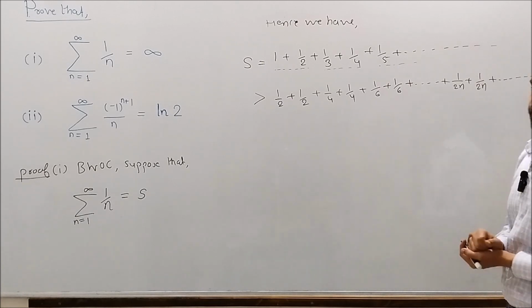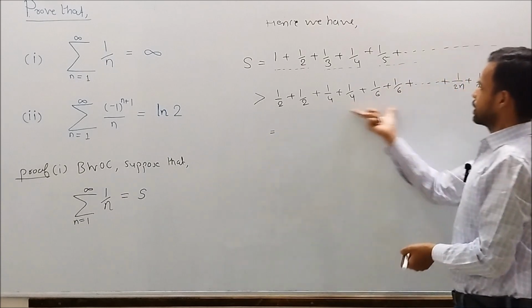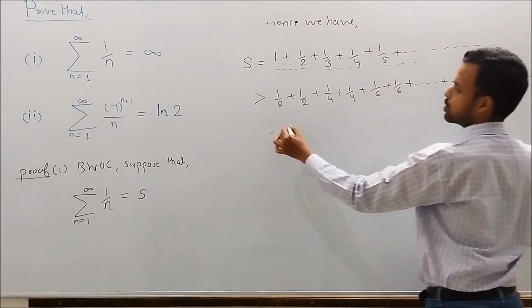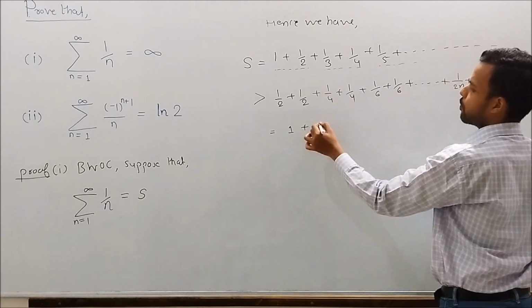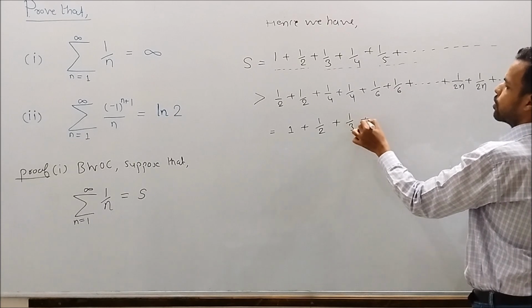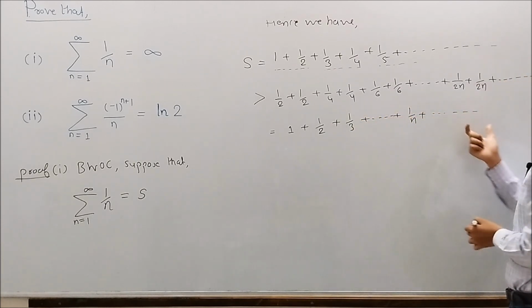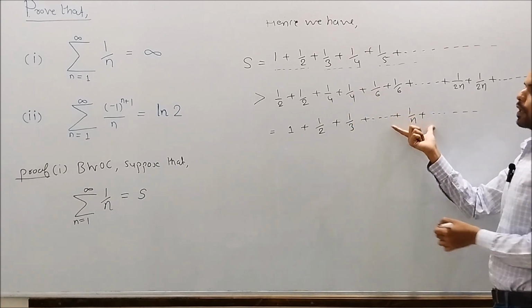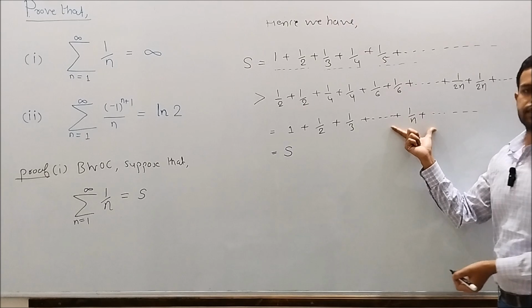But this sum is nothing but 1 by 2 plus 1 by 2 is 1, 1 by 4 plus 1 by 4 is 1 by 2, 1 by 3 and so on, 1 upon n and so on. So we can see that this sum is nothing but equal to s itself.